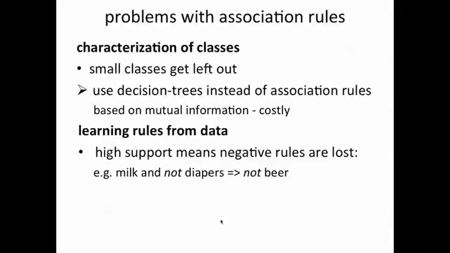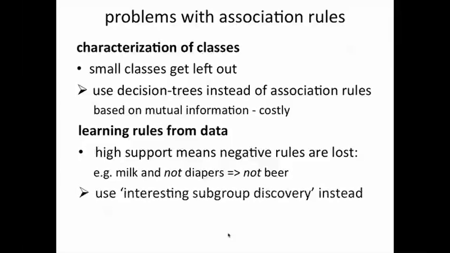Association rules are great for such tasks, except that because they rely on high support, negative rules, such as milk and not diapers implies not beer, are lost. So we have no way of figuring out not diapers. We can only look for a value diapers, because not diapers could be any other value, like cereal, or butter, or cola. And there are just too many possible combinations to check in not diapers.